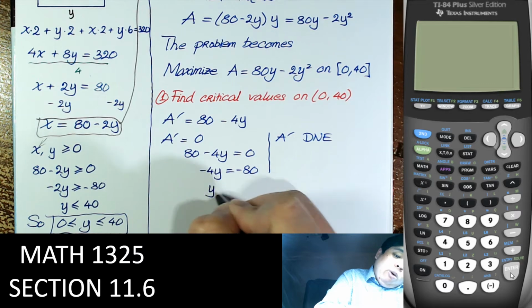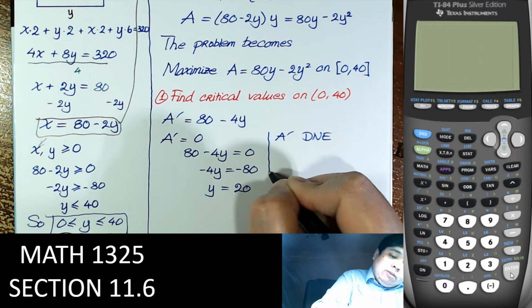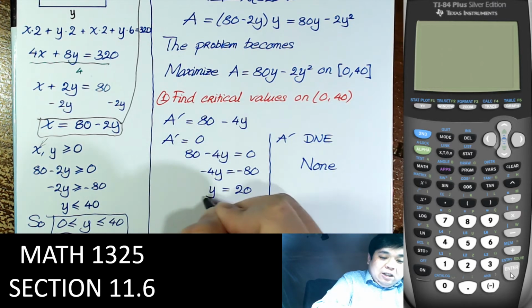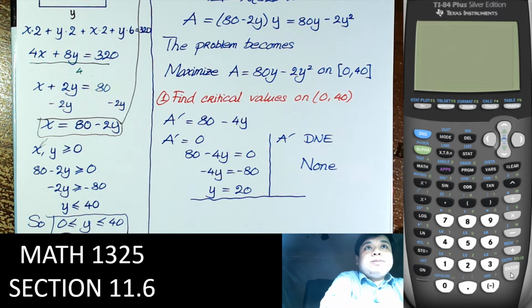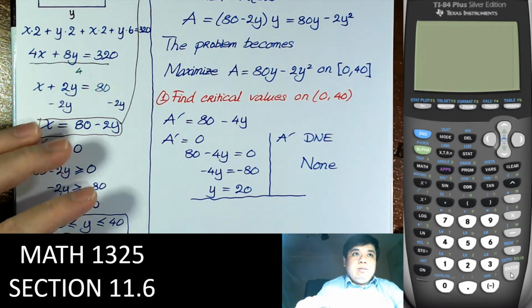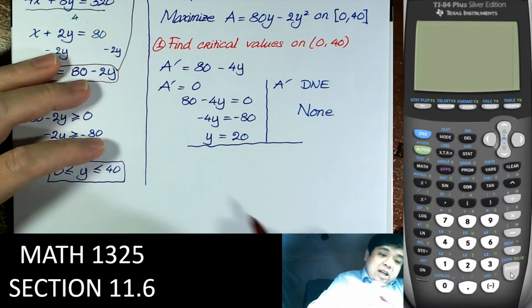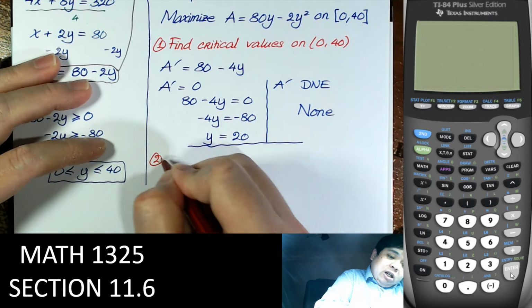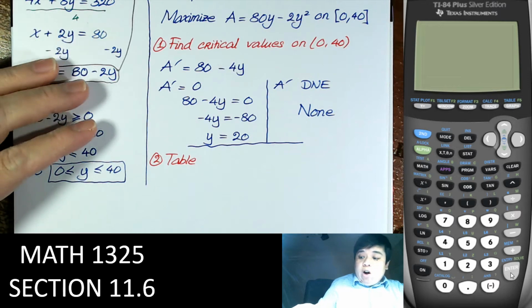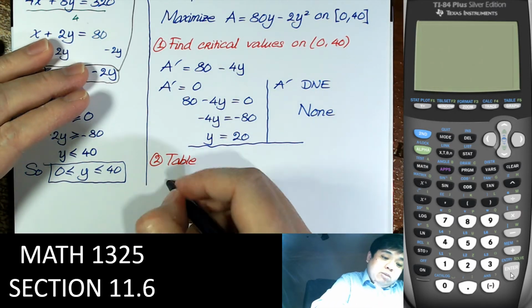Divide by negative 4, so y equals 20. Does not exist? We have none. Right, so y equals 20. Certainly 20 is in this interval. So that's good. Like I said, since we have the boundary, it's much better to just put everything in the table with the original function, and we can determine which one is the max and which one is the min.